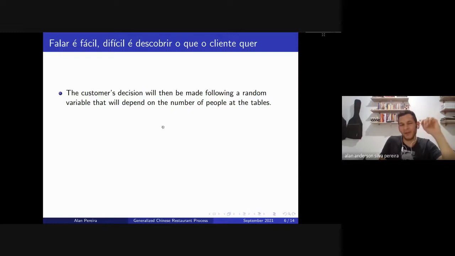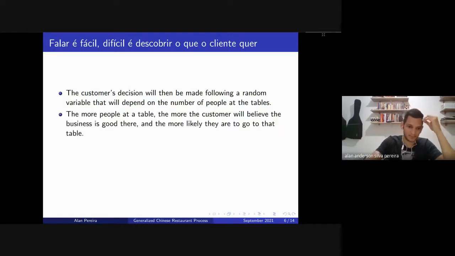Because if you are the first customer of a company, you might think, maybe it's not a good service, maybe it's not a good product. So this modeling makes sense if you think in this way.